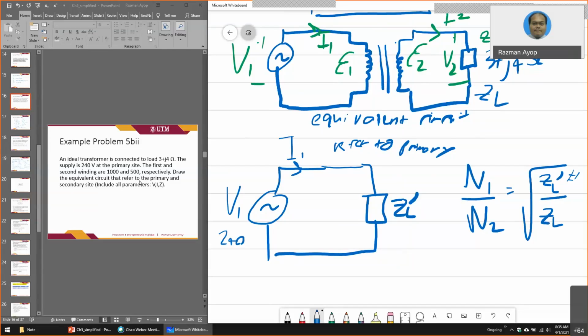Okay, you already have N1, N2 and ZL. So ZL prime equals N1 divided by N2 squared times ZL.